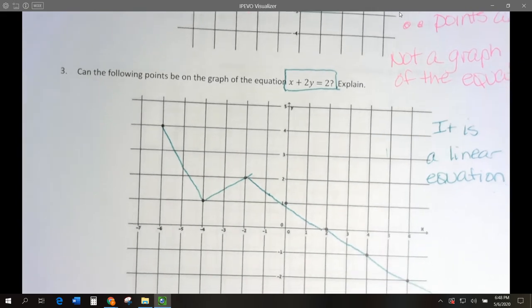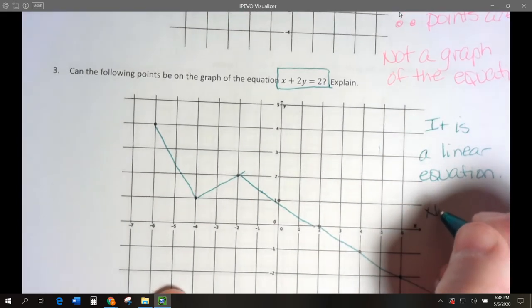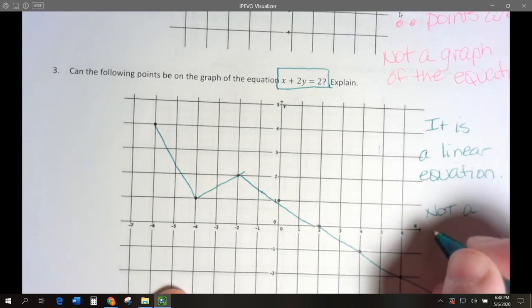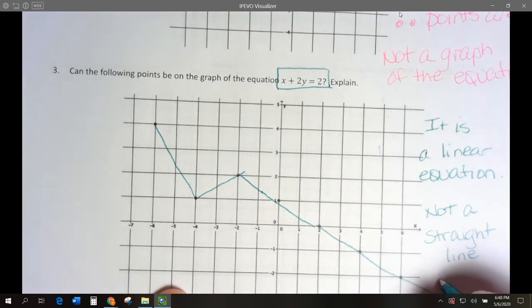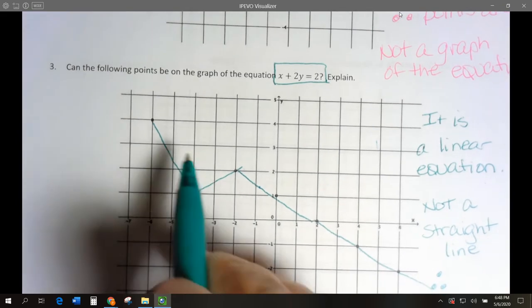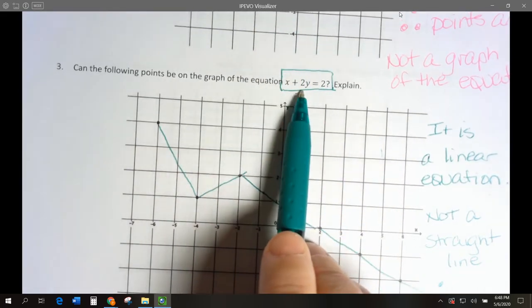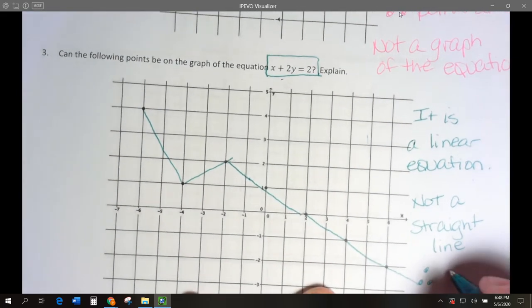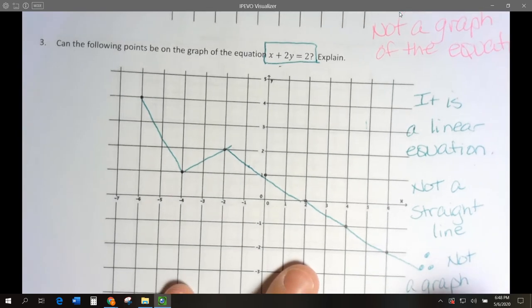Is this a straight line? Okay, so not a straight line. Therefore, this is not a graph of the equation because the graph of this equation has to be a straight line. Therefore, not a graph of the equation.